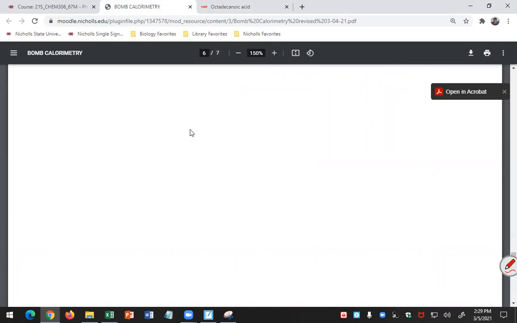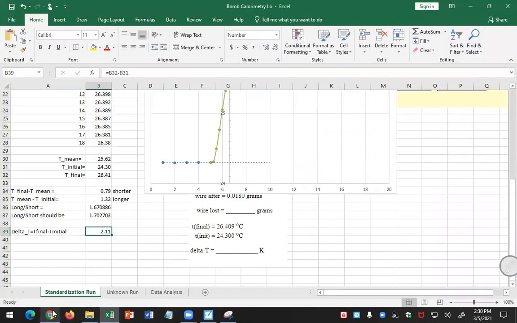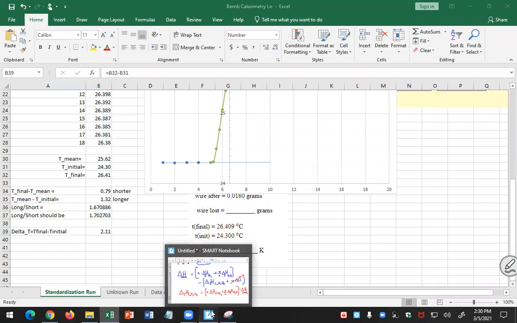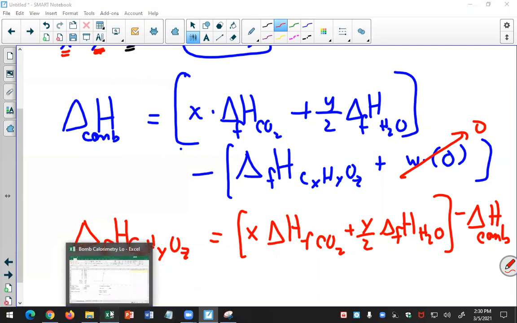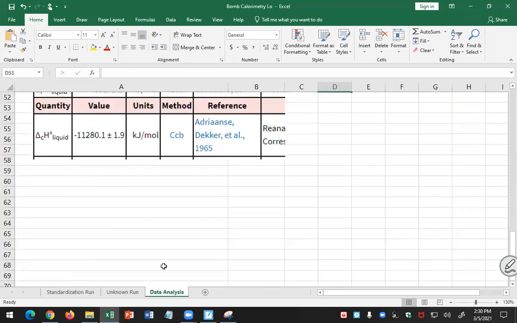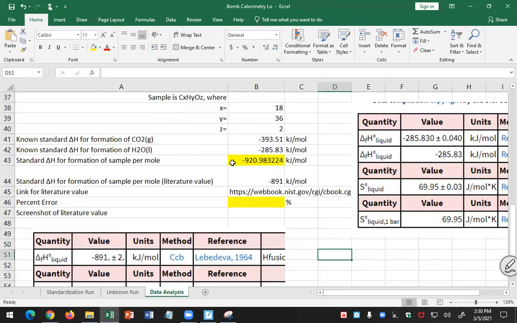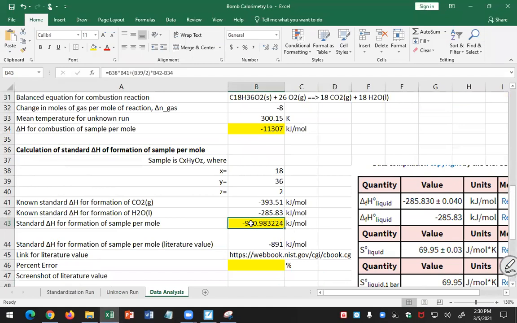You found it? Okay. Take a snip of the literature value. Which one? Delta H formation? Yes.